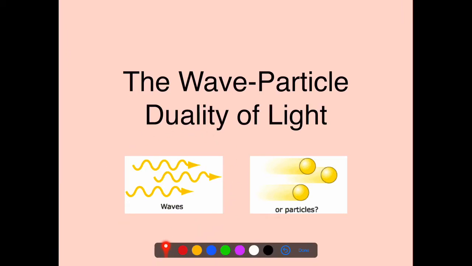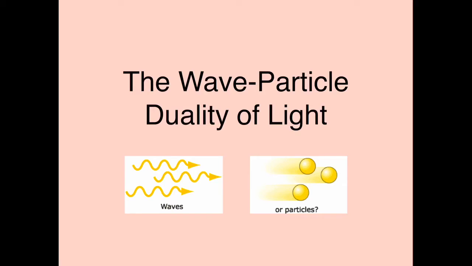On the other hand, there are other experiments that we do that really only make sense if we think of light as a type of particle. So rather than being a wave that's traveling in a particular direction, it's a stream of particles that's traveling in a particular direction. So that's very strange.